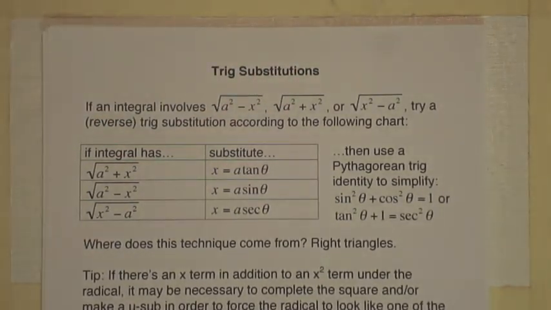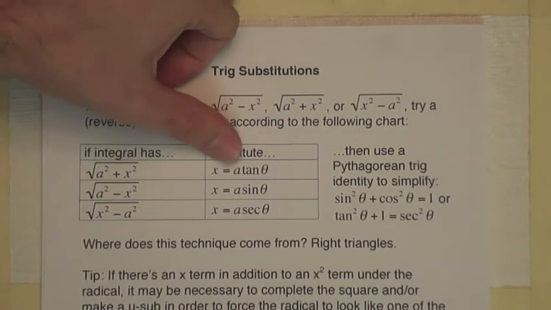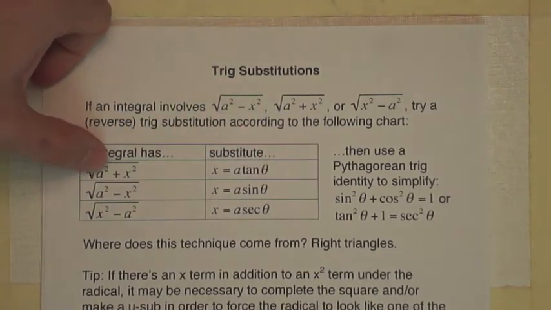It doesn't look like it's going to involve trig, but in fact, that is the right technique to use. You introduce some trigonometry according to the following chart. So if an integral has something that looks like the square root of a squared plus x squared, you make a substitution x equals a tan theta, where a is the number that's squared.